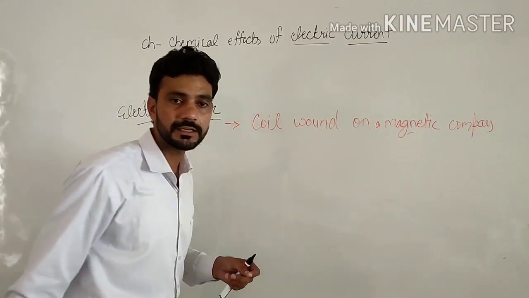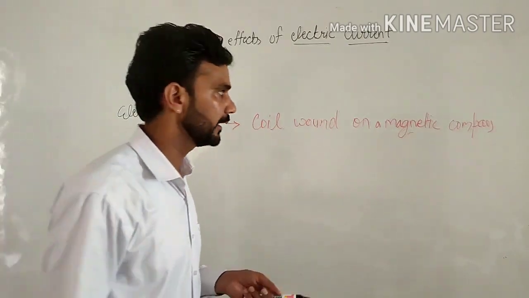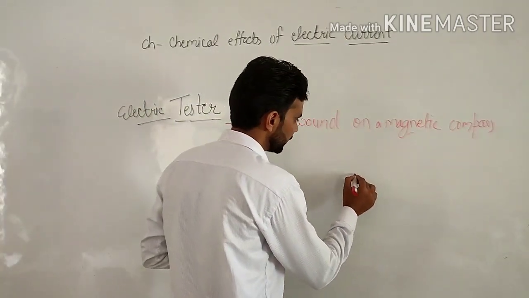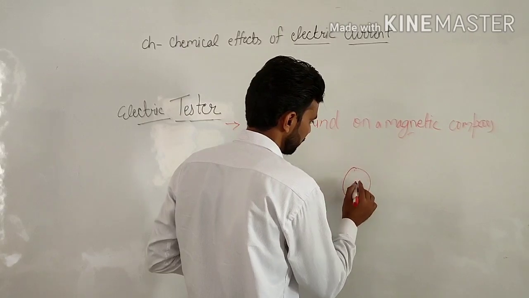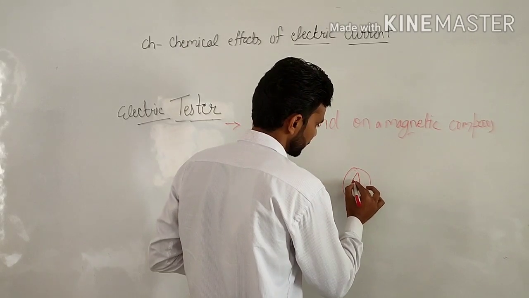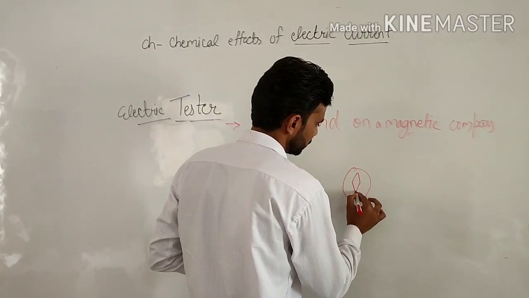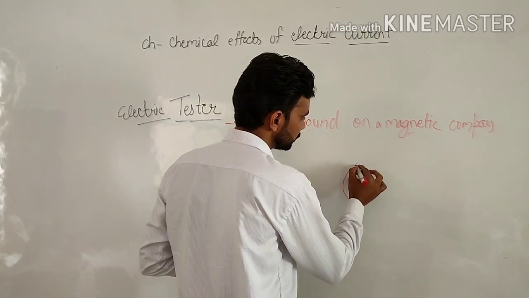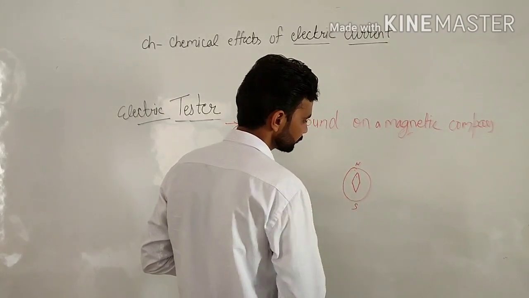We know that a magnetic compass is a device which is used to find direction. Suppose this is a magnetic compass. This is the magnetic needle, this is the north pole and this is the south pole.